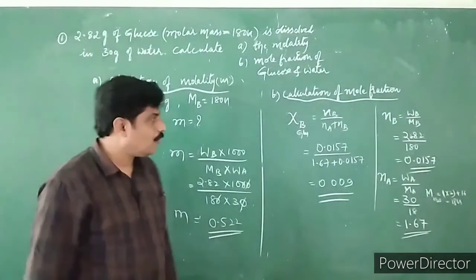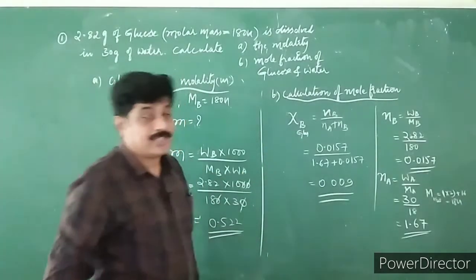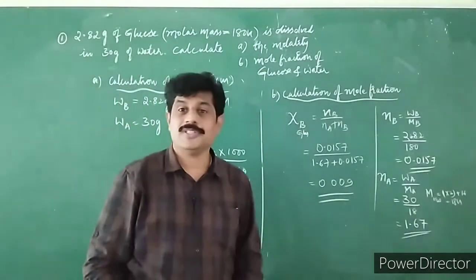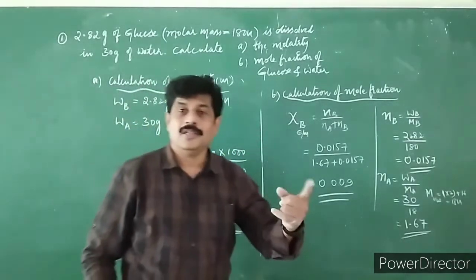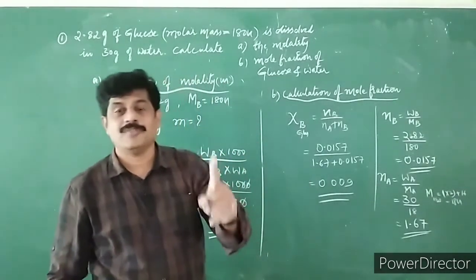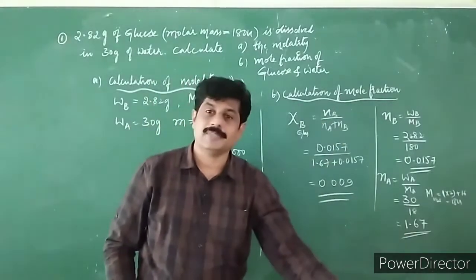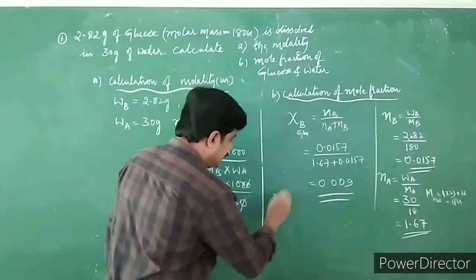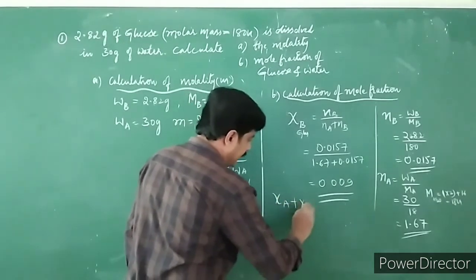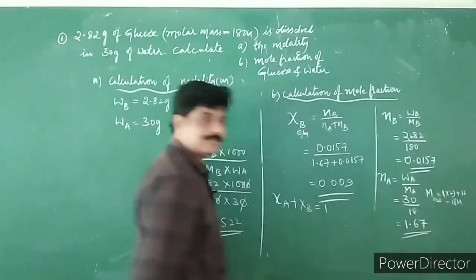Children, once you find out XB, it is easy for you to find out XA also. Tell me why? Because it's a binary solution, and you know that for a binary solution, sum of the mole fraction of both the components present in the solution is equal to 1. So in that case, please look at here, XA plus XB is equal to 1.